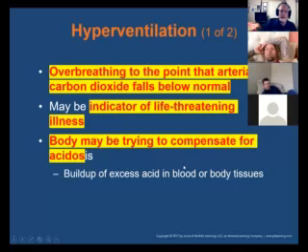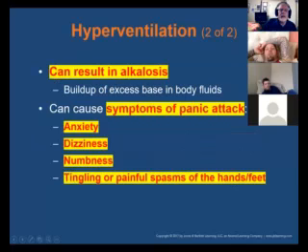It could be that they're compensating for acidosis. Hyperventilation, breathing extremely fast for an extended period of time, could result in alkalosis, or the pH going up, up, up, because of an excess of base in body fluids.